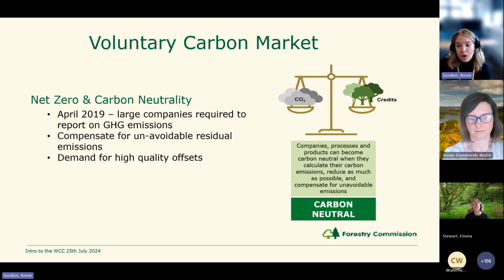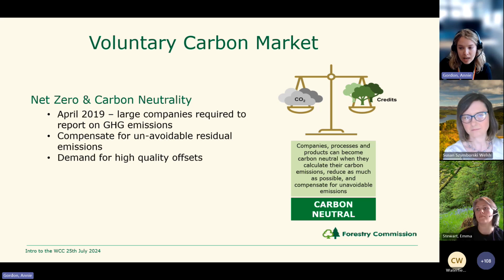They can compensate for these by investing in nature-based solutions, such as woodland creation projects, that are generating high quality woodland carbon units, which is where the Woodland Carbon Code can come in. One woodland carbon unit equates to 1 tonne of carbon dioxide equivalent that's removed from the atmosphere. These organisations can buy these units on the voluntary carbon market from verified Woodland Carbon Code projects to work towards their net zero targets.